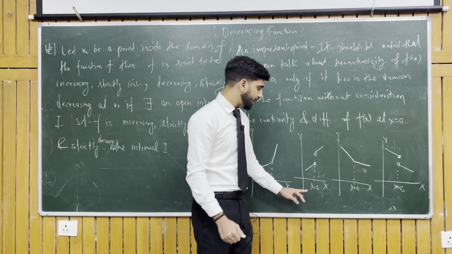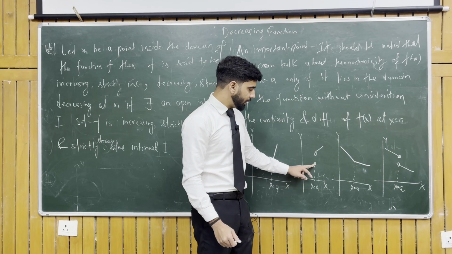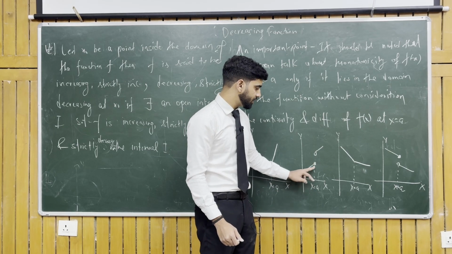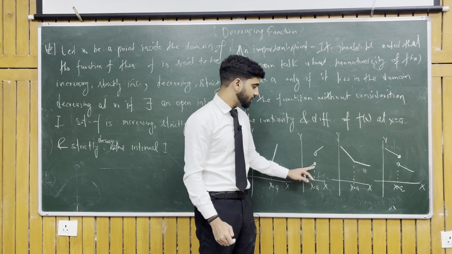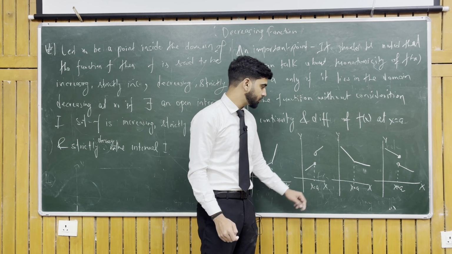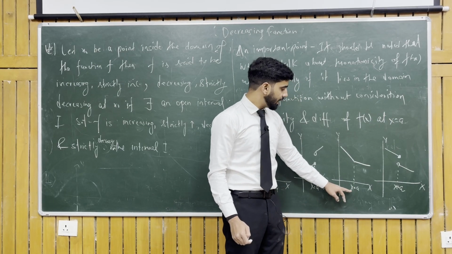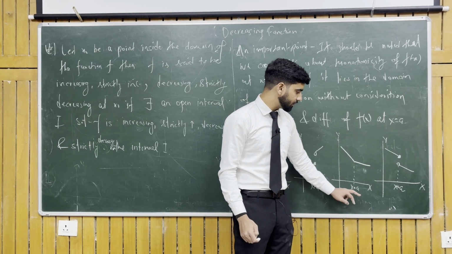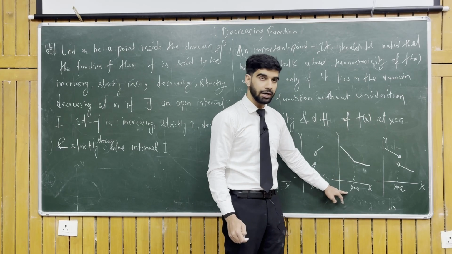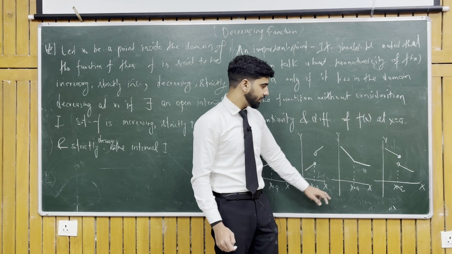In the second graph, we can see that the function is not continuous at the point x equals a because there is a discontinuity, but the function is still increasing at the point x equals a. In the third graph, this is the graph of a decreasing function, and the function is decreasing at the point x equals a, but there is a sharp corner at the point x equals a, so the function is not differentiable there.